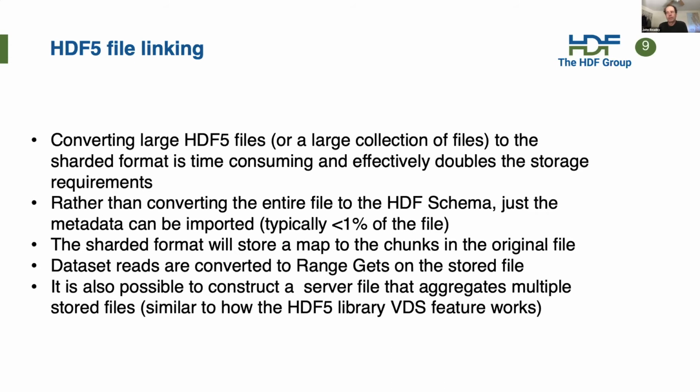But rather than copying the chunk data, we just store links back to the location of that chunk in the original HDF5 file. Then when reading dataset data, we do a range get, which is basically reading that portion of the file out of the file. And then from then on, the same kind of processing goes as with regular ingested data.